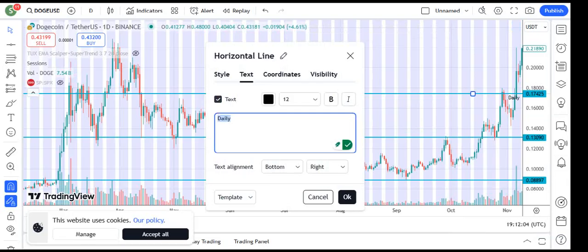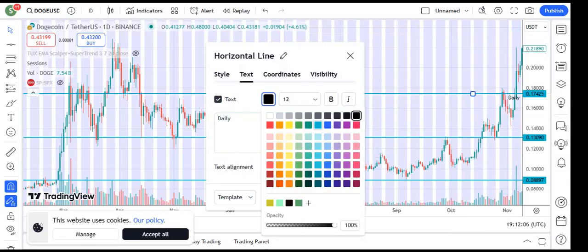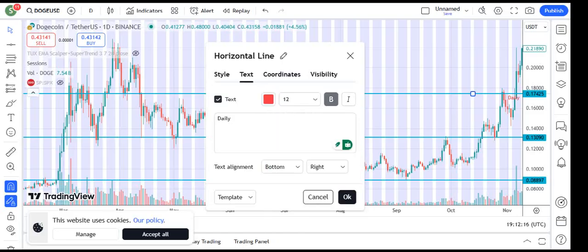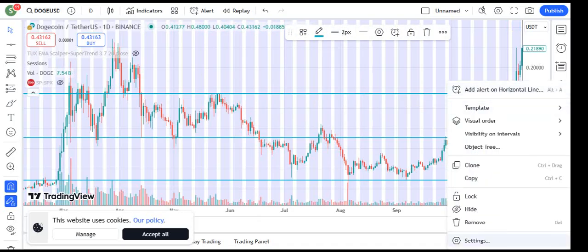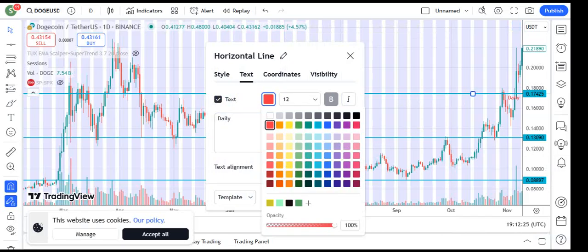I just need to put a color so that I can easily see it. Can I see that now? Okay, so I'll just put that as my daily. Let me use a color that's not already on my charts so it doesn't confuse me.